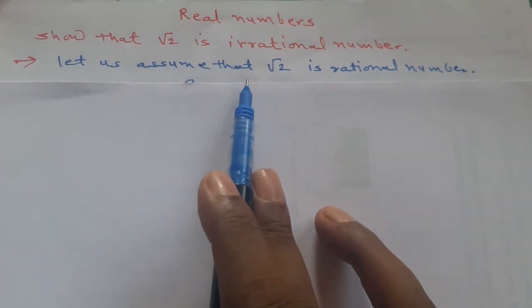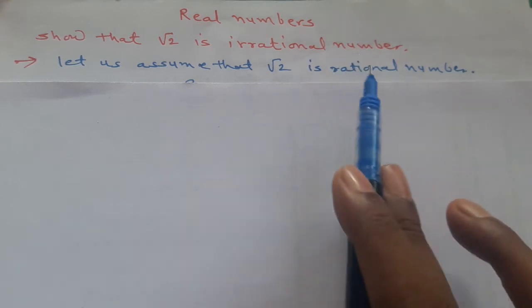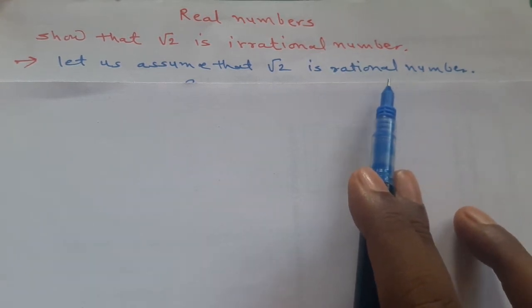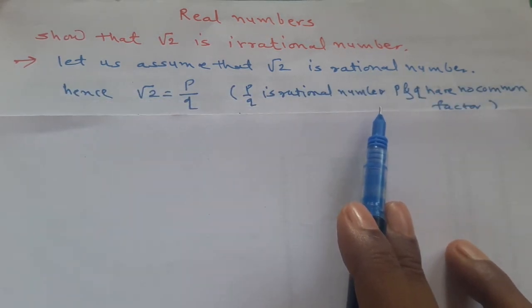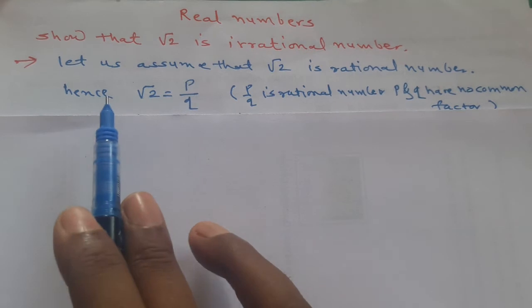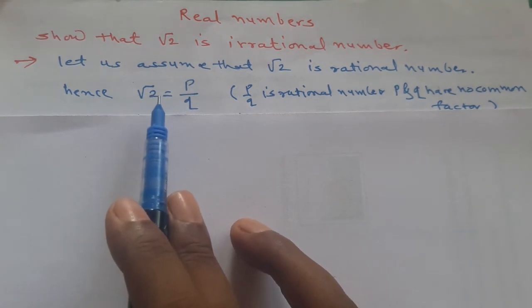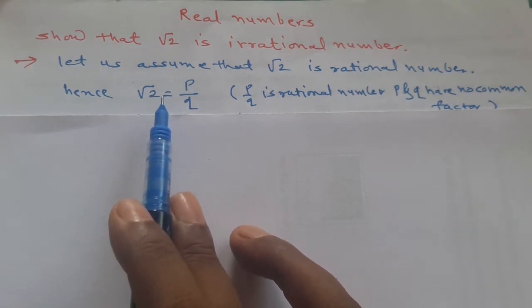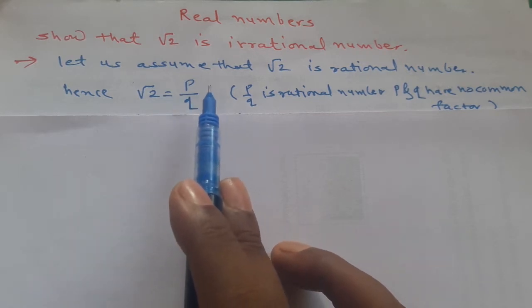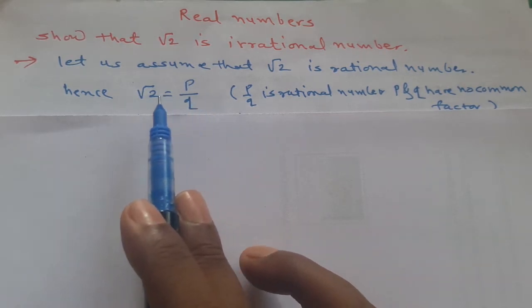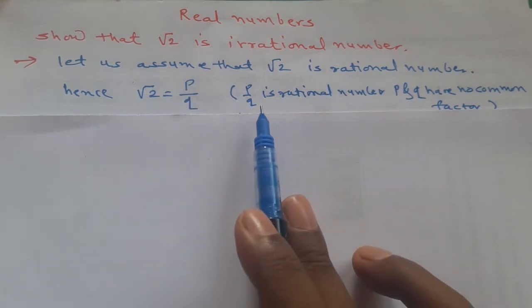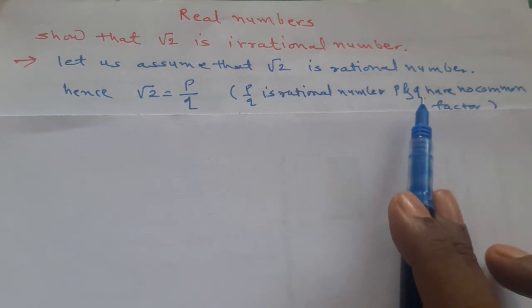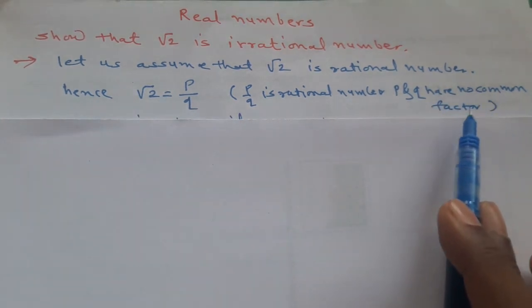Let us assume that root 2 is a rational number. Then, as any rational number can be written in P upon Q form, root 2 will be equal to P upon Q, such that P upon Q is a rational number, and P and Q have no common factor except 1.